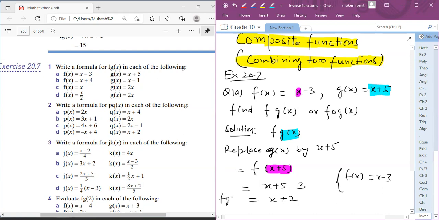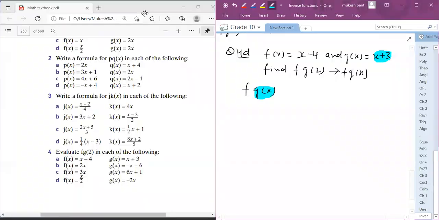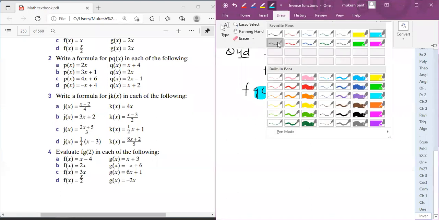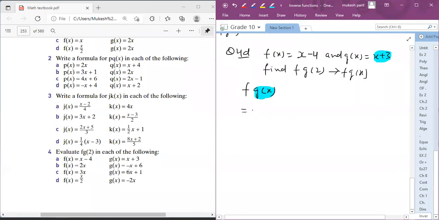This we have got for f(g(x)), and now this g(x) equals x + 3. So replace this f and then g(x) by x + 3, this value.